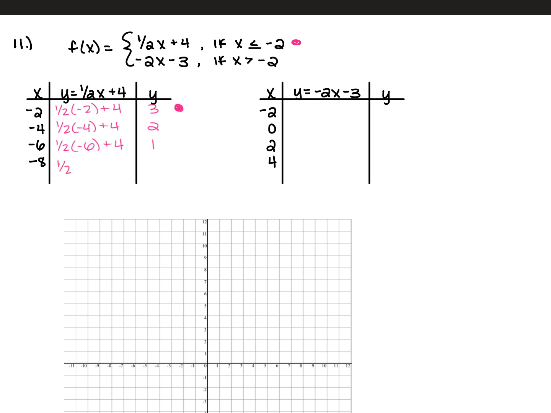Then 1/2 times negative 8, which is negative 4, plus 4, is 0. So at the negative 2, 3, we're going to have a closed circle. Then on the negative 4, 2, we'll have an ordered pair. Then negative 6, 1, and negative 8, 0. Okay, line through those points.